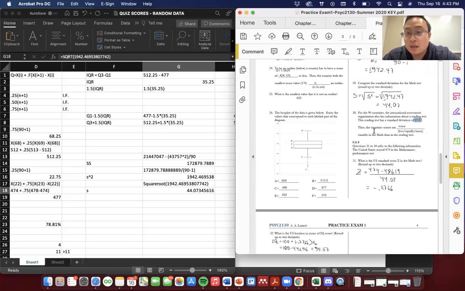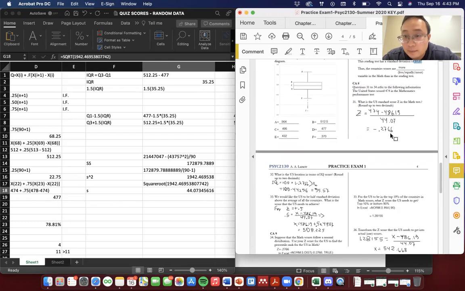Okay, so then now it's asking us to compare. So the countries scored more variably in the math than in the reading test because the standard deviation is 44. So there's more variability, right? Whereas here, the variability is less because it's 37.57. So that's why it's more.